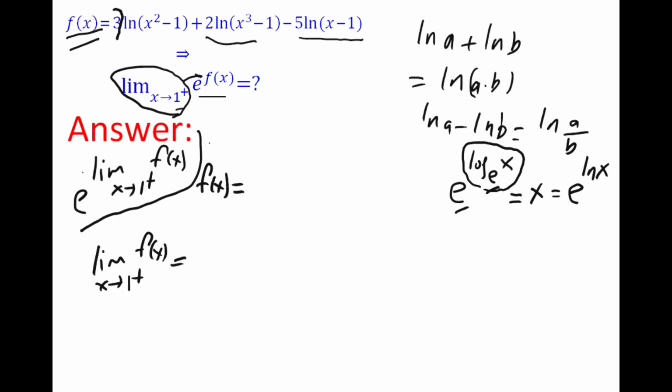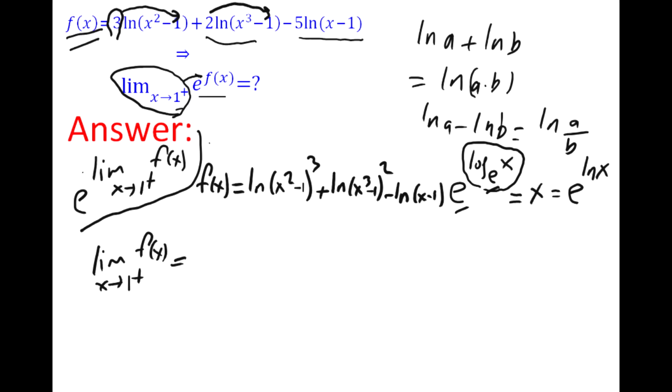This 3 can come as a power to this part, which is x squared minus 1. So from here we're going to have ln of (x squared minus 1) to the power of 3, plus, with the same logic applied here, ln of (x cubed minus 1) to the power of 2. That 2 also comes as a power here, and then minus ln of (x minus 1) to the power of 5, and I just take this 5 as a power here also.